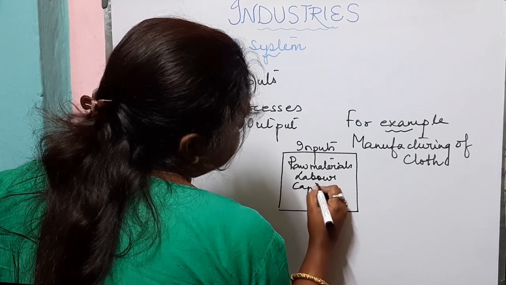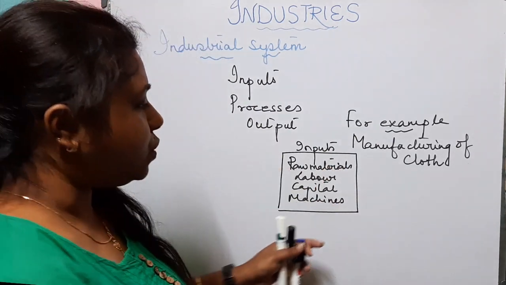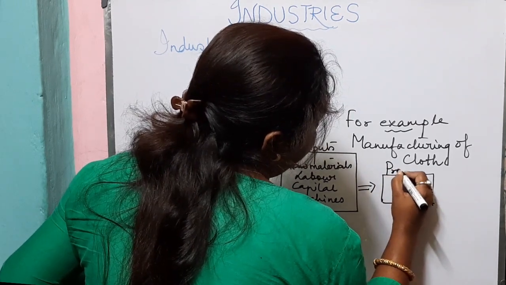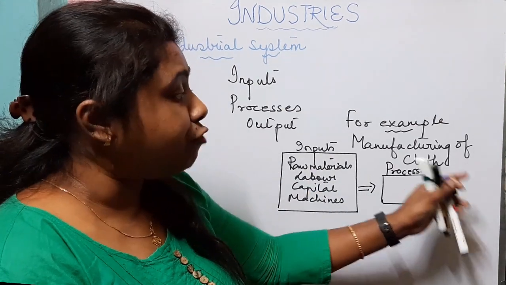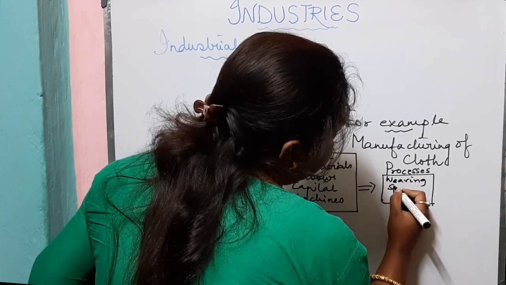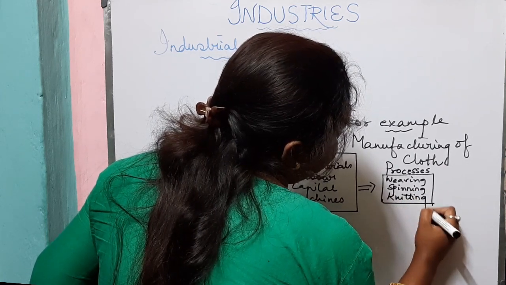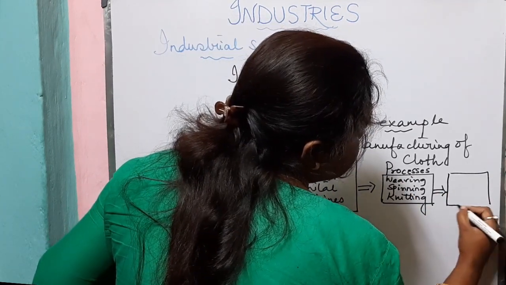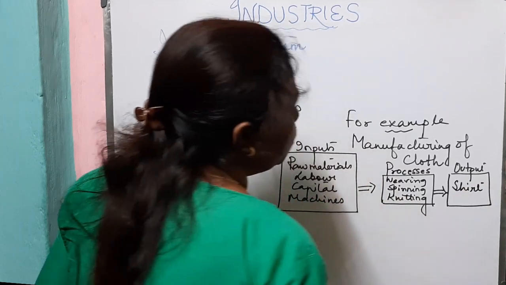We have capital, machines. All these are inputs. Then there will be certain processes which will process the raw material into a manufactured or finished product. What are the processes? Like weaving, spinning, knitting. All these are the processes, and after it passes through the stage of process, we will get the output, that is the shirt that we wear.